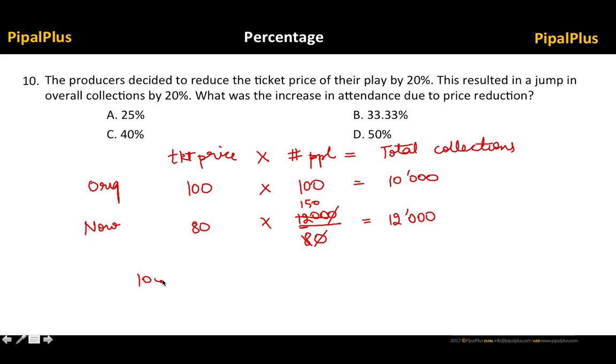So from an original 100, if the attendance goes up to 150, then the increment is 50 on a base of 100, which is equal to 50%, right? So the attendance has gone up by 50%. It has offset the ticket price reduction, and the overall collections are now higher by 20%. So my answer is going to be 50%.